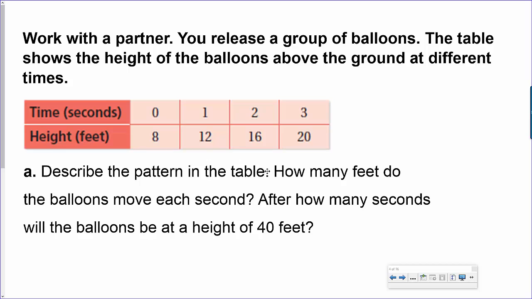So here's the next one. Same kind of thing. It says, describe the pattern in the table. For the first 40 feet, the time is going up by 1, and the distance appears to be going up by 4.